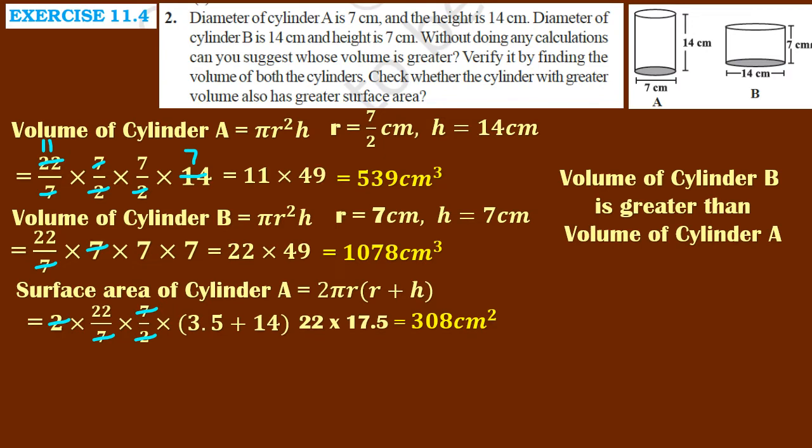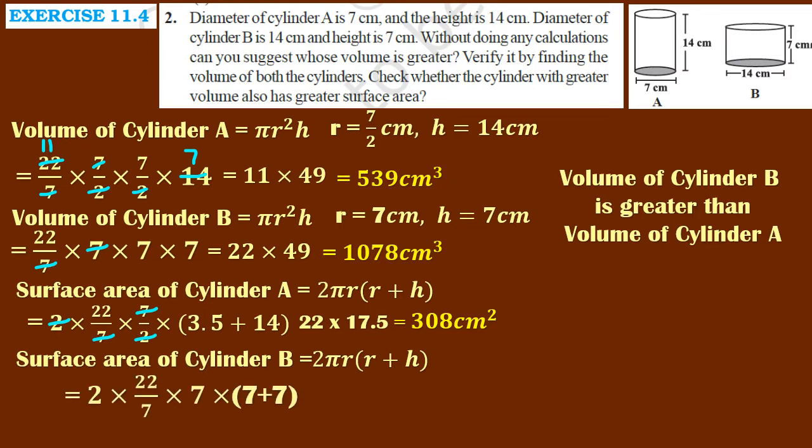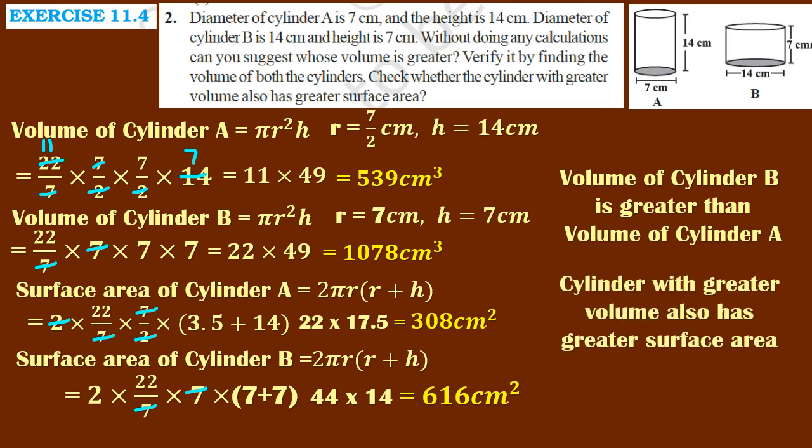So it is 308 centimeter square. Now surface area of cylinder B, which is equal to 616 centimeter square. That means the cylinder with the greater volume also has greater surface area.